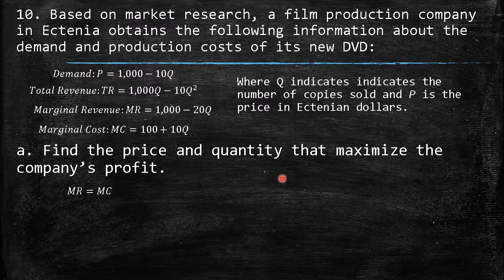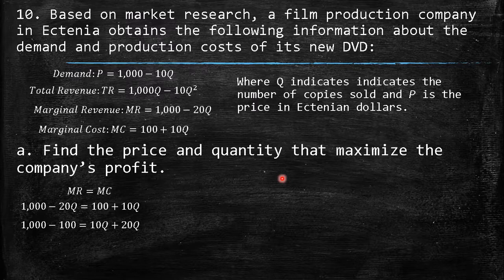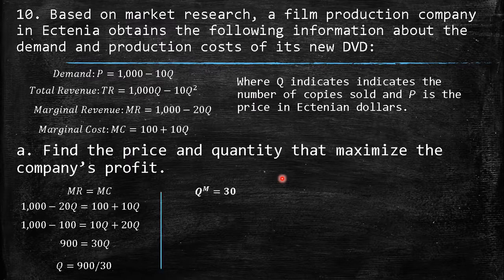So here, remember, we start with the condition of marginal revenue equal to marginal cost. We replace the equations for marginal revenue and marginal cost, and then we start to collect terms. 1000 minus 100, then we have 10Q plus 20Q. So we have 30 multiplying, we make it divide, and then the quantity of this monopolist is 30.